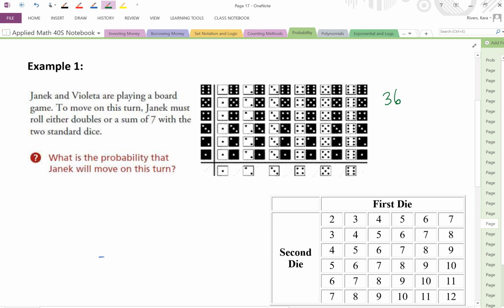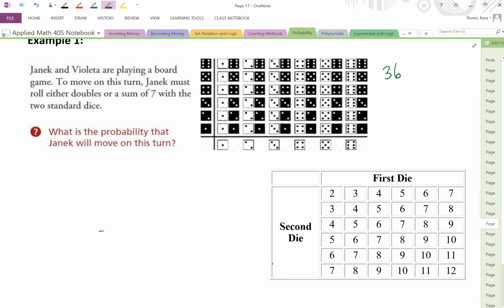Now, I've added all those up and put them in another sample space here. It's the same one, just looking at 1 and 6 instead of writing that down, we have that that's sitting here as 7. It's kind of a flipped upside down version, but it's the same thing.